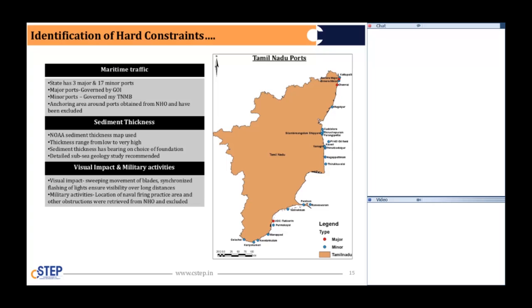Sediment thickness, we took the National Oceanographic Association map which measured thickness. But this too wasn't really a major concern, but we still noted this down for foundation considerations for the piles that will be built, so this will have an impact there. Visual impacts and military activities, these are again smaller concerns, but were still necessary to look at.